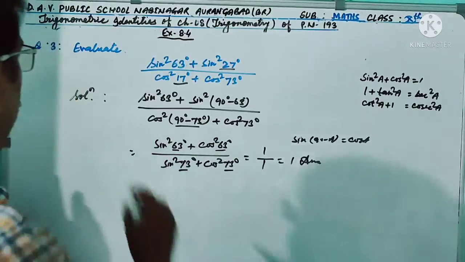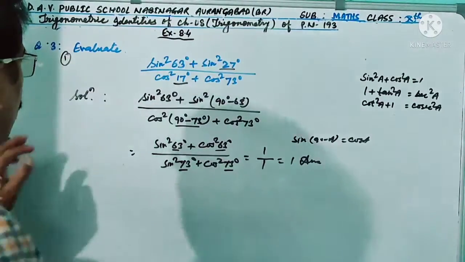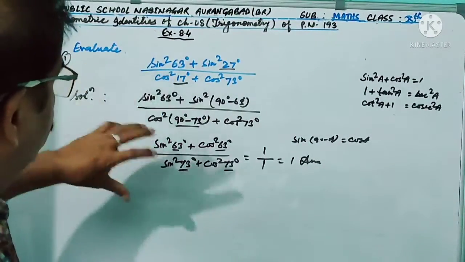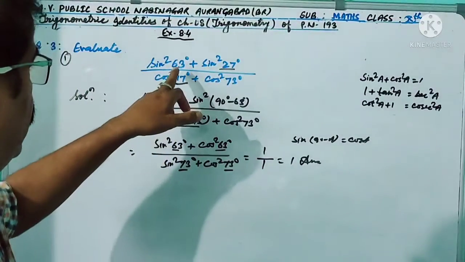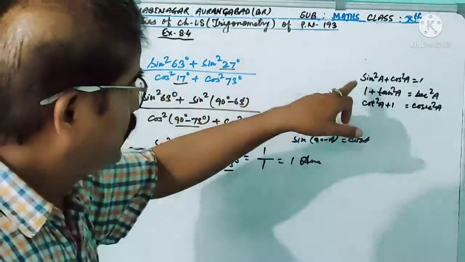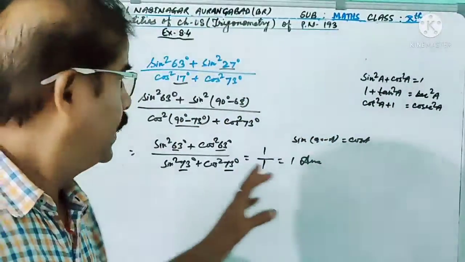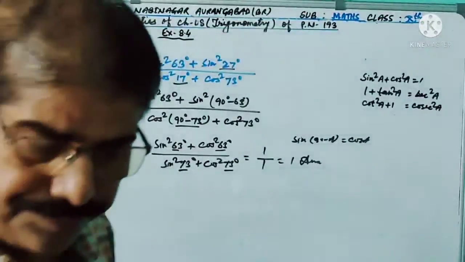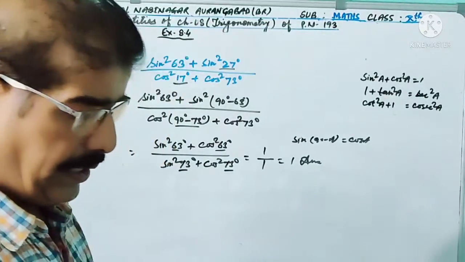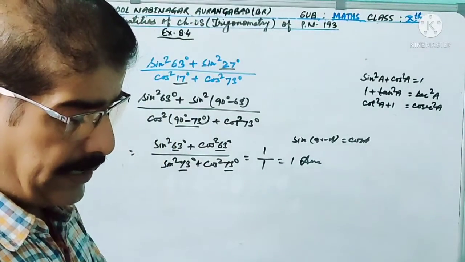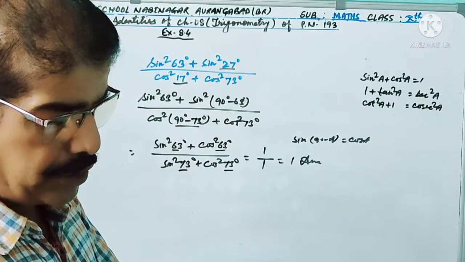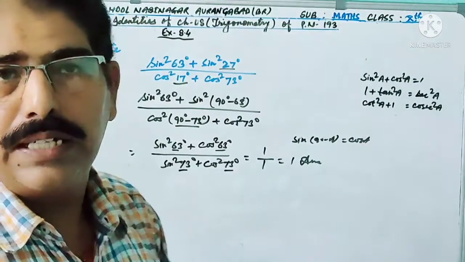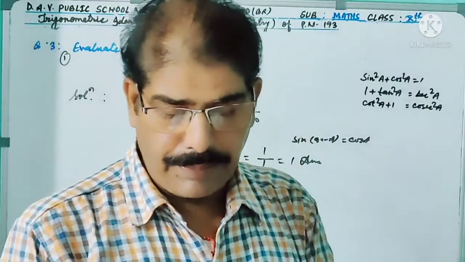And question 2 you solve in the same way, using this identity. Question second: sin 25 degree into cos 65 degree plus cos 25 degree into sin 65 degree.